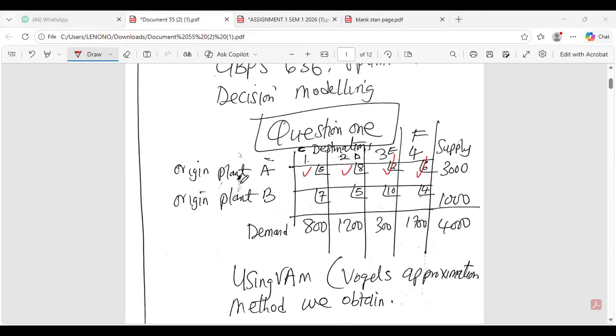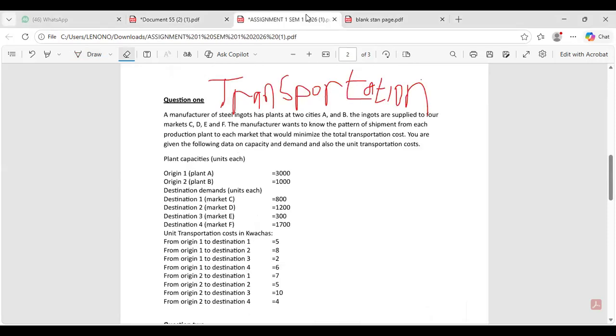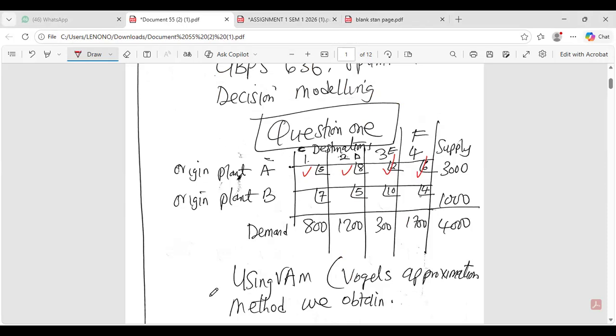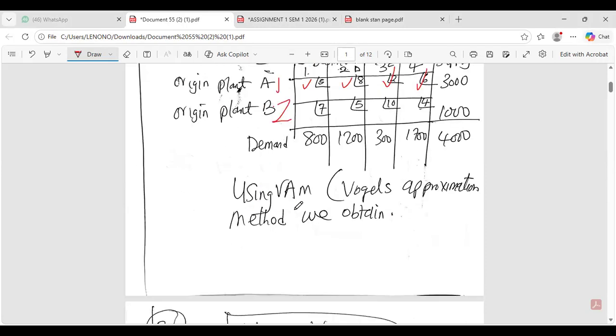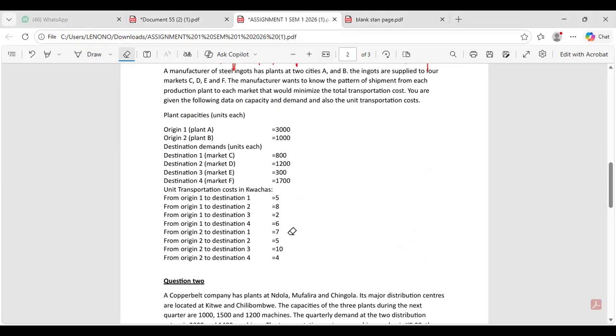Okay, so plant B, origin plant B. Origin 2 is plant B. So these are the origins that we have: origin 1, origin 2. And then the demands are these ones.